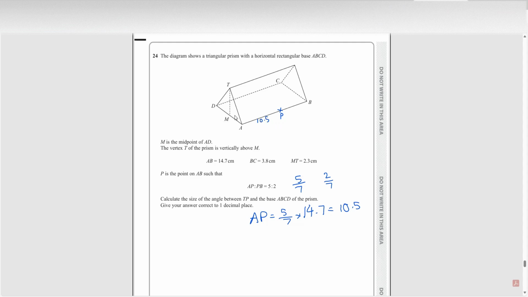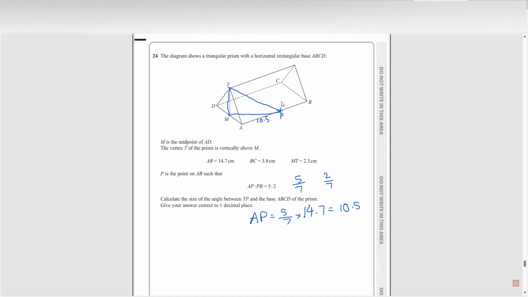Okay. So what we probably want to do is try and identify a triangle. And remember, with 3D trig, we can always do it with a right angle triangle. So if I draw on that line to begin with, I'm thinking the right angle triangle I can go for is going to be like that.